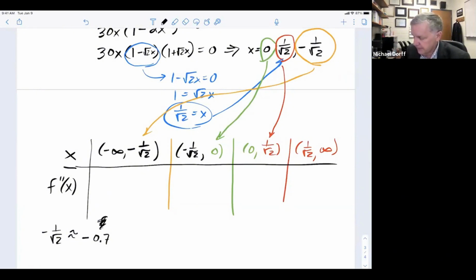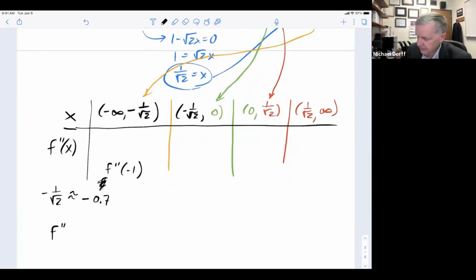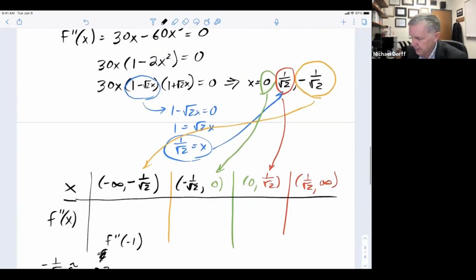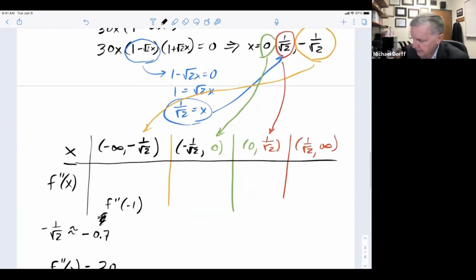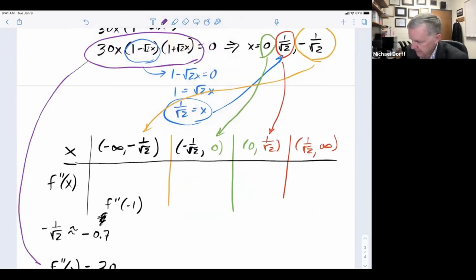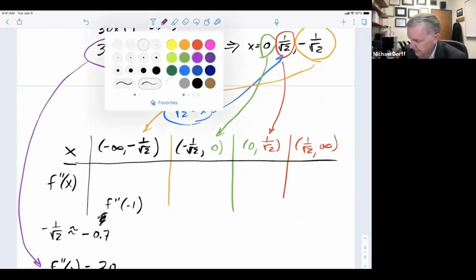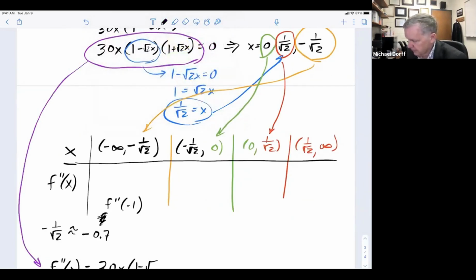So I'm going to take a value here of -1. Again, I'm going to write down my second derivative in its factored form, which I had right up here. I'm going to use that form down here: 30x, 1 minus square root of 2 x, 1 plus square root of 2 x.